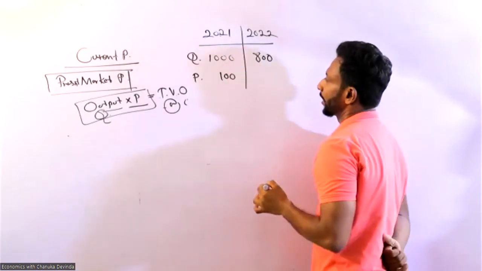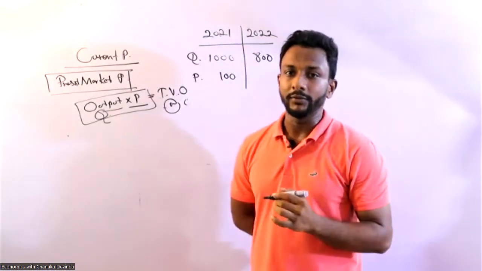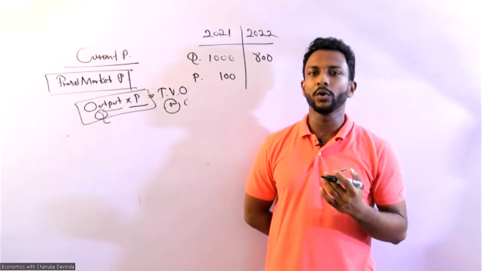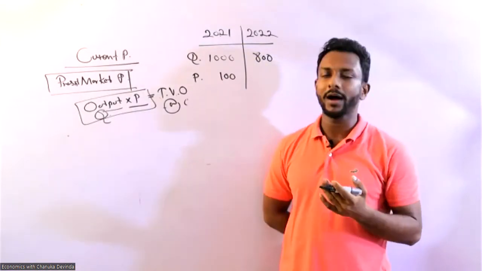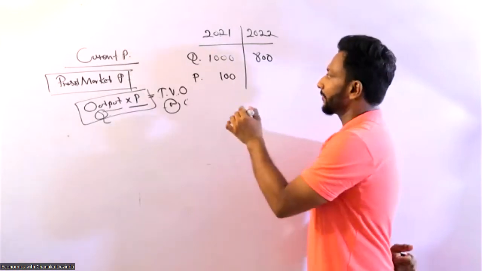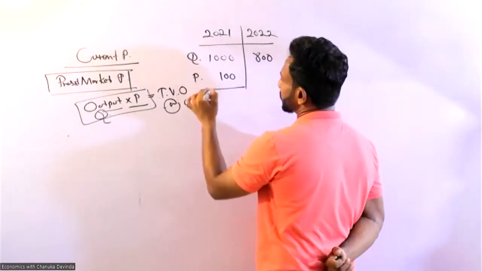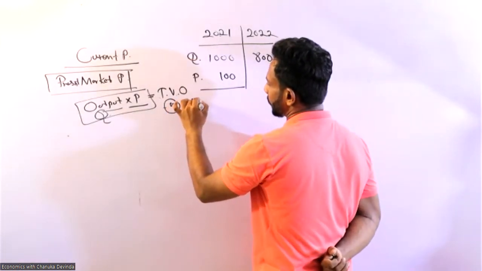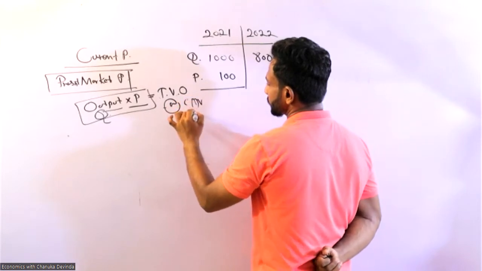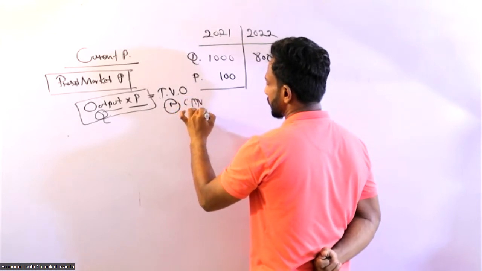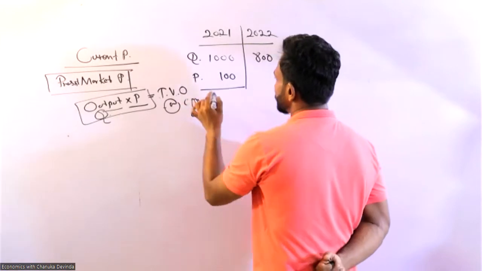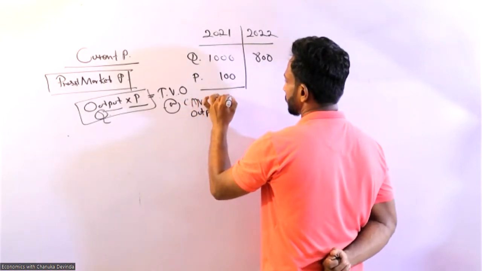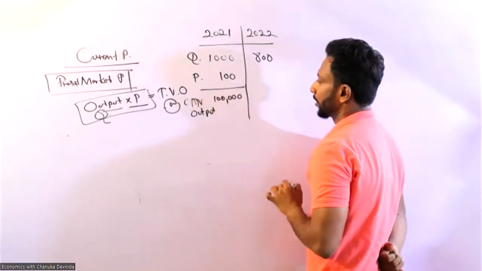But people don't know about constant prices and market prices; they just say that in 2021 the market value of output equals 1,000 times 100, which is 100,000, right?